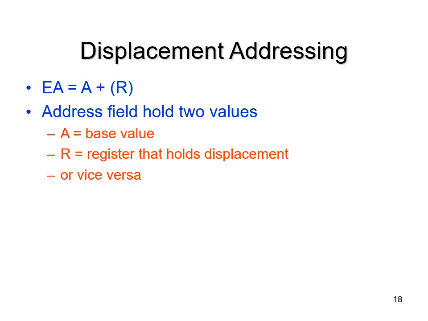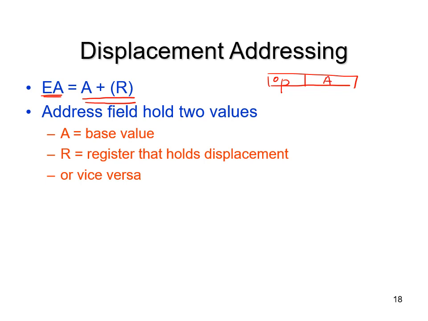Now the next one, we have displacement addressing. For using this addressing, we need to calculate the effective address. EA stands for effective address, and actually it looks like direct addressing, where we have the opcode and also the address.